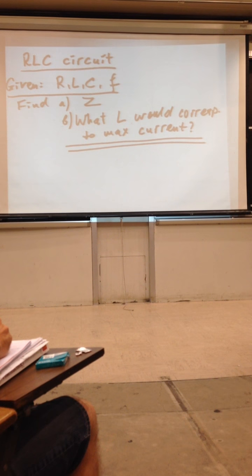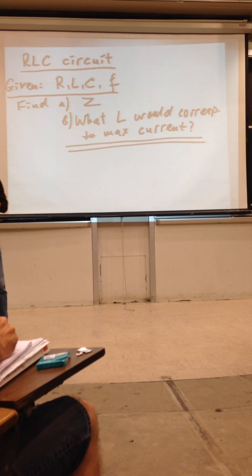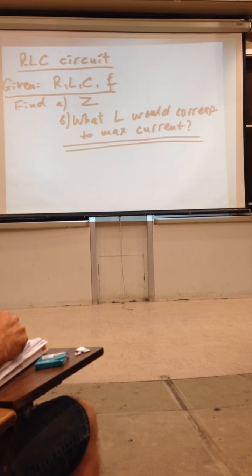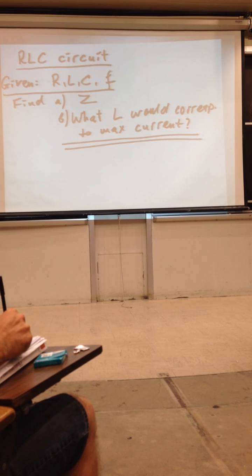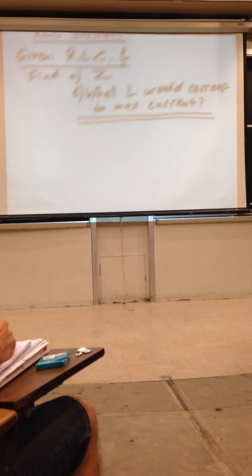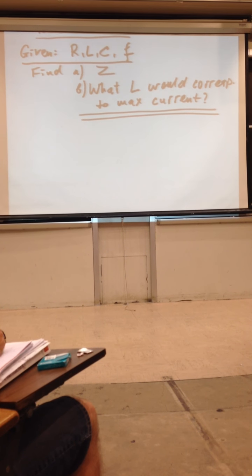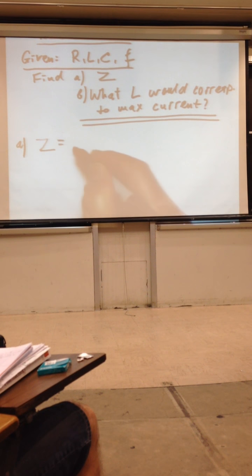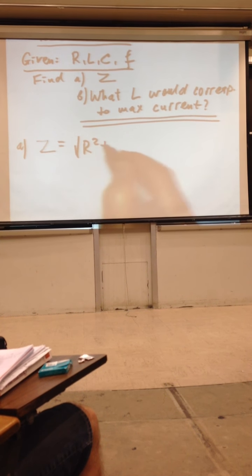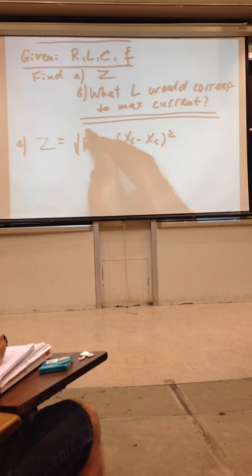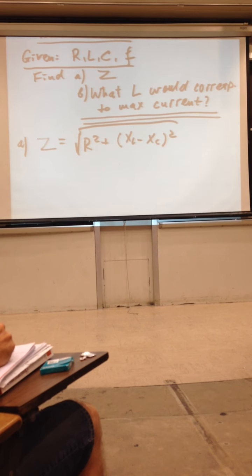Basically, maximum possible current occurs when the resonance takes place. Okay? Let's do part A. Find the impedance. You remember the formula for impedance? Z equals square root of R squared plus... Okay, formula for impedance.